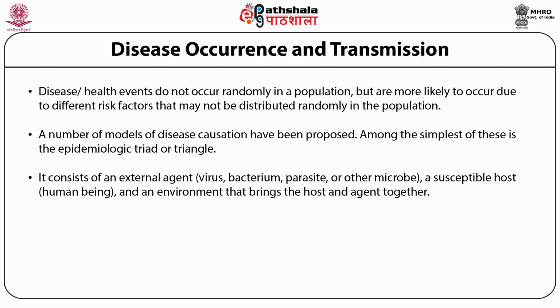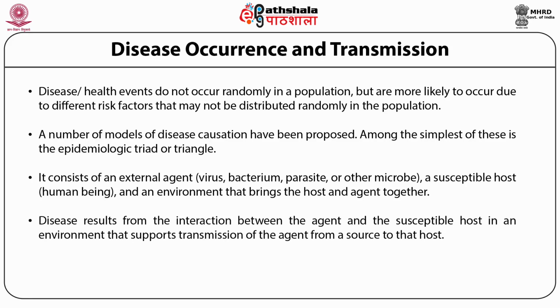In this model, disease results from the interaction between the agent and the susceptible host in an environment that supports transmission of the agent from a source to that host.